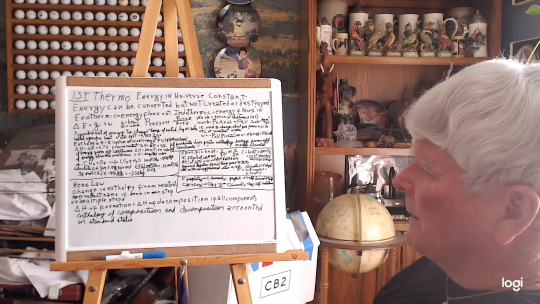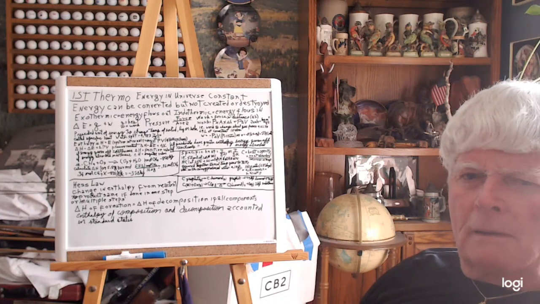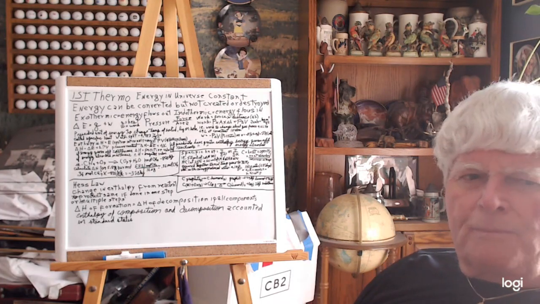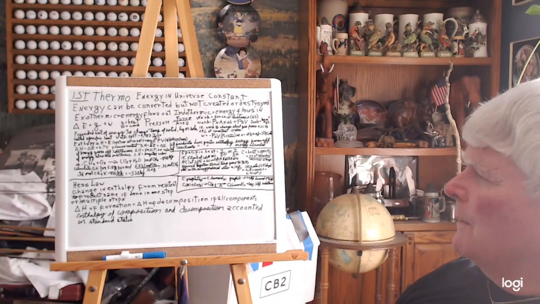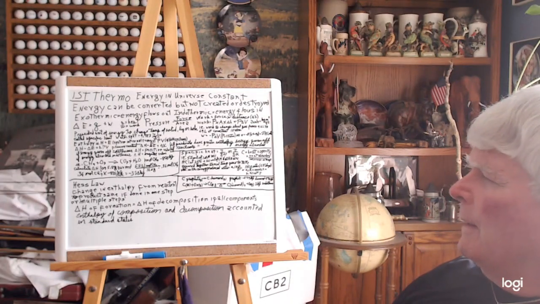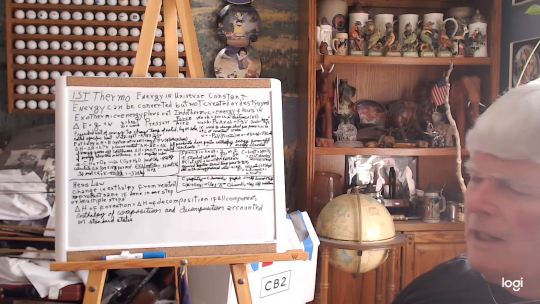Okay, the next thing on the abbreviated list for this section is Hess's law. And Hess's law says that the change in enthalpy from reactant to product is the same if it's done in one step or multiple steps.